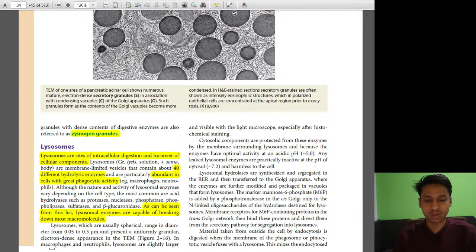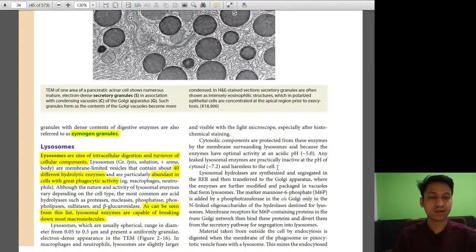In macrophages and neutrophils, lysosomes are slightly larger and visible with the light microscope, especially after histochemical staining. Cytosolic components, that is cytoplasmic components, are protected from these enzymes by the membrane surrounding lysosomes, and because the enzymes have optimal activity at an acidic pH of about 5, any leaked lysosomal enzymes are inactive at the pH of cytosol, that is 7.2, and harmless to the cell.